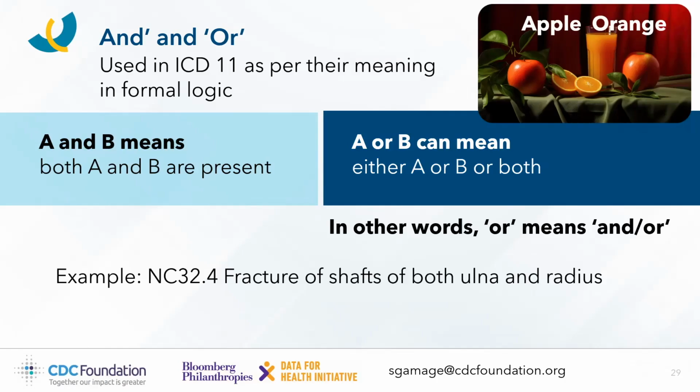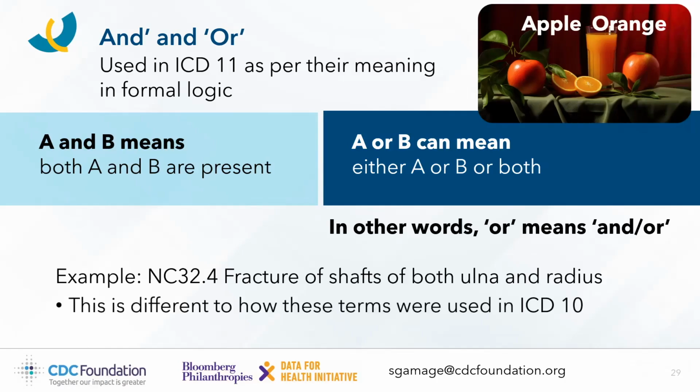Fracture of shaft of ulna without radius would not be coded here, because and means both. Both A and B are present. Both ulna and radius are present. And this is different to how these terms were used in ICD-10.